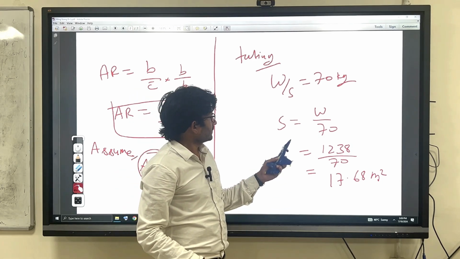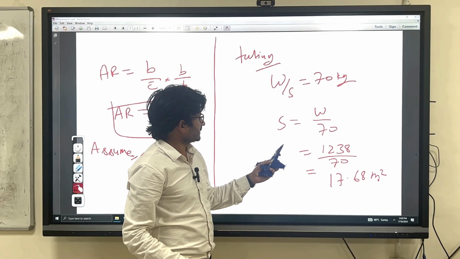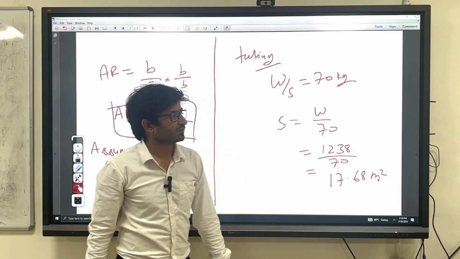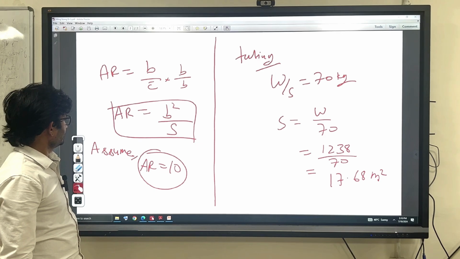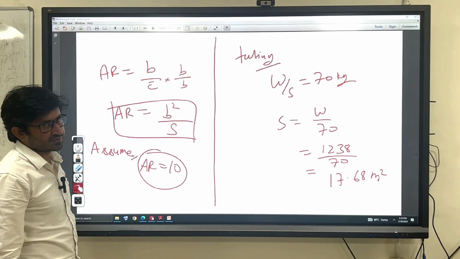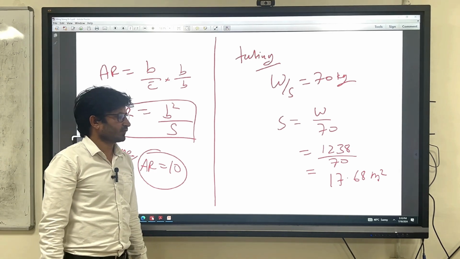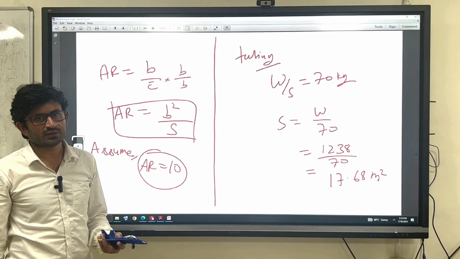So now if you put this value, then you will get S equal to 17.68 meter square. Okay, so this is the area of the aircraft which we are interested to design. And also from the historical data you take aspect ratio, it can be 12, it can be 15.